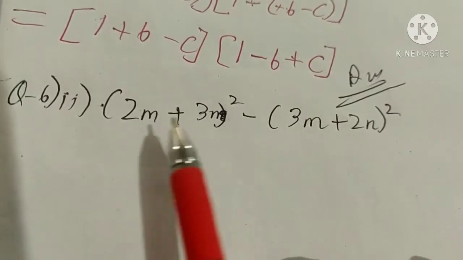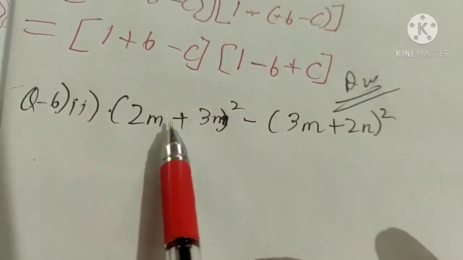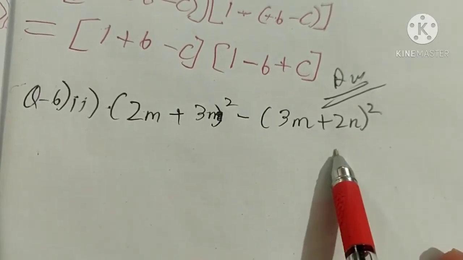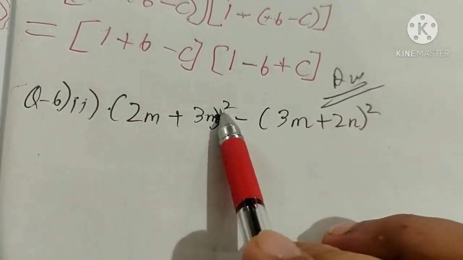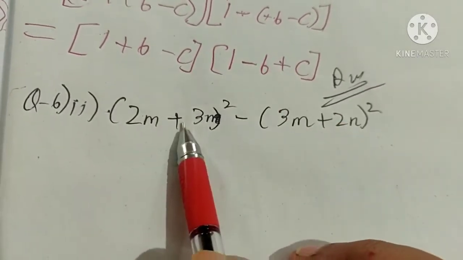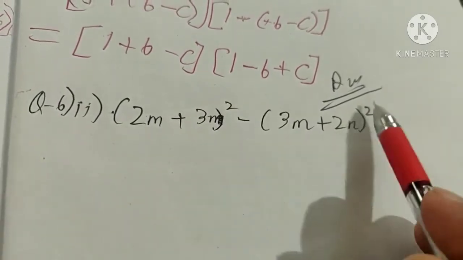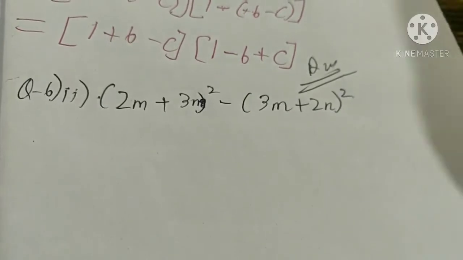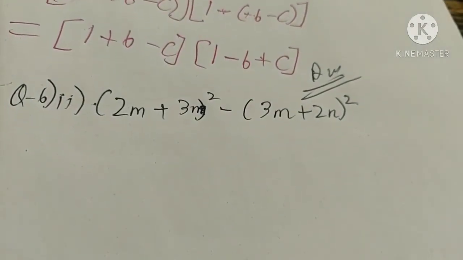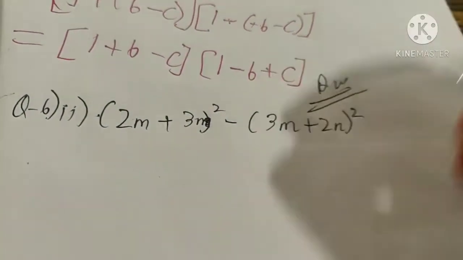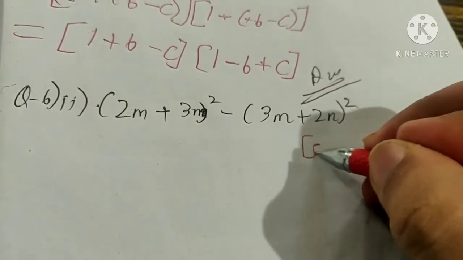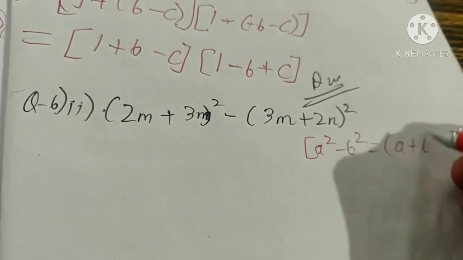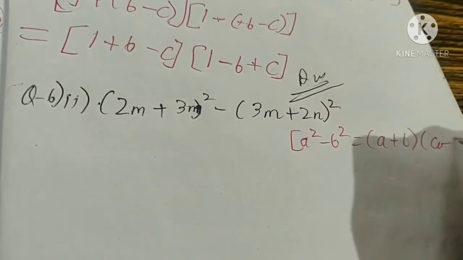So here there is this bracket and this bracket, that is the first term and second term. They are the two terms that are clearly present in the form of squares. The first term is written to the power 2 and the second term is also written to the power 2. So both the terms are present in the form of squares, so we can directly apply the property a plus b into a minus b.